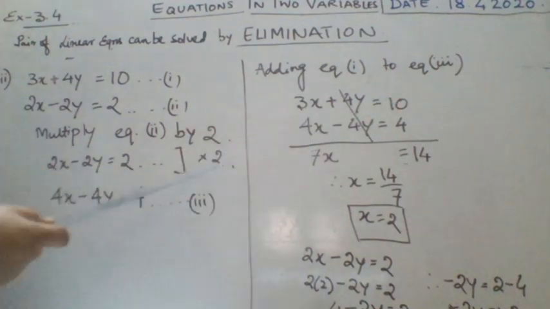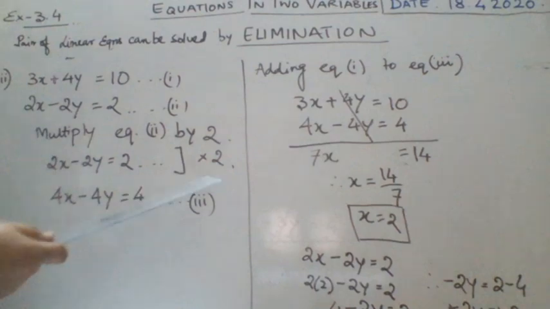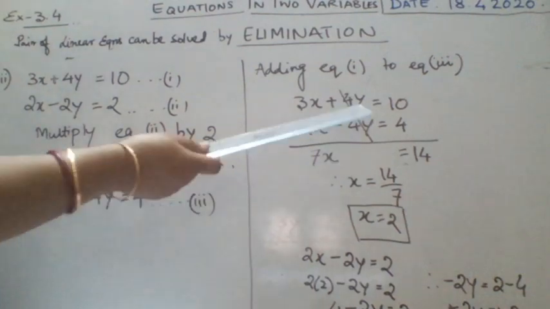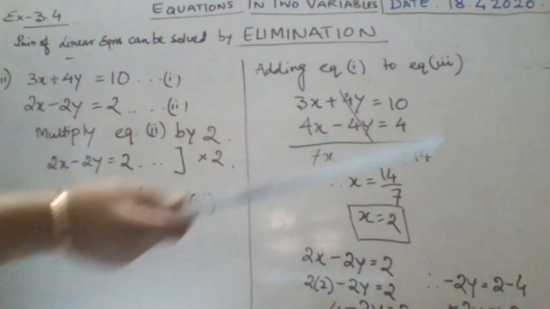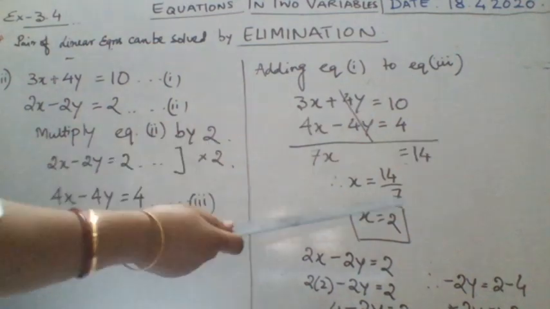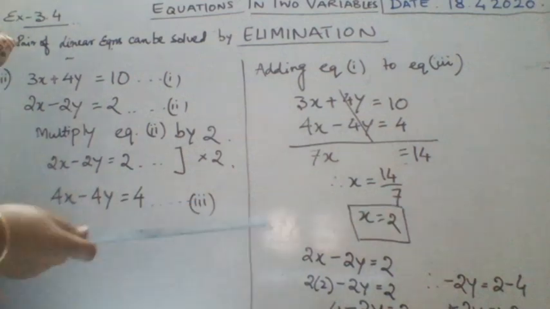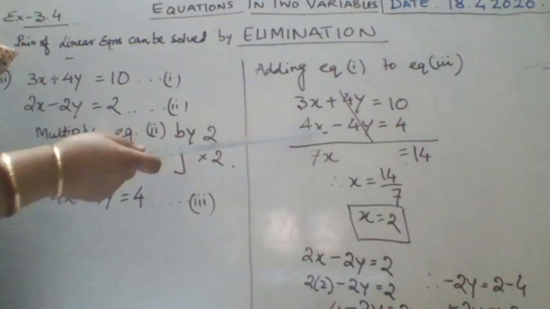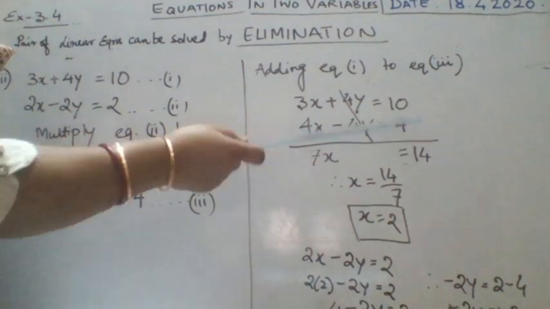Now you go for adding, these two get cancelled, that is y is eliminated. That is why the name of such type of solution is your elimination method. 3x plus 4x is 7x, 10 plus 4 is 14. So x is equal to 14 by 7, that is 2.